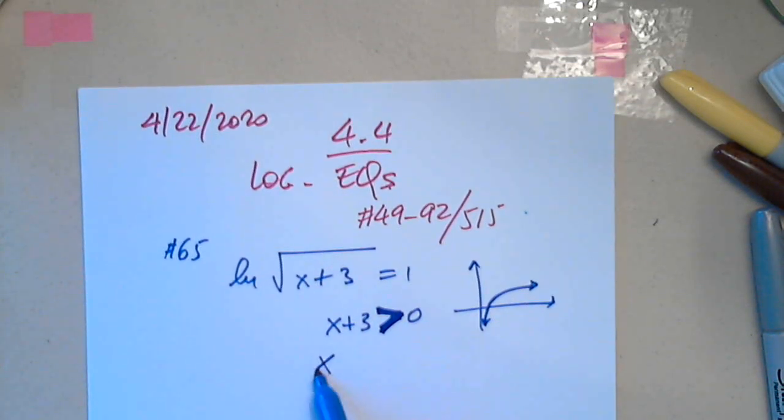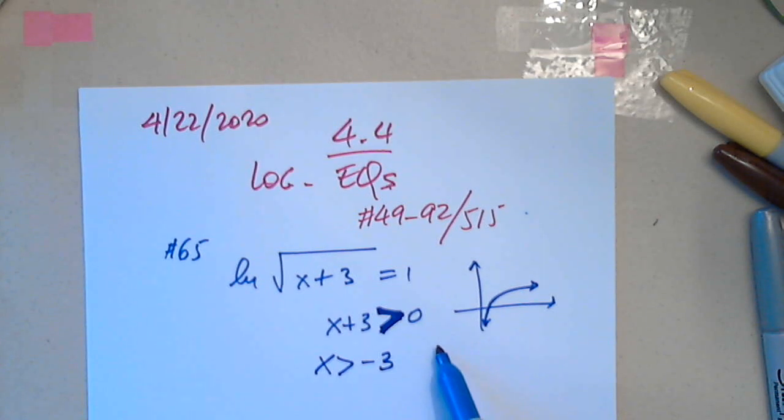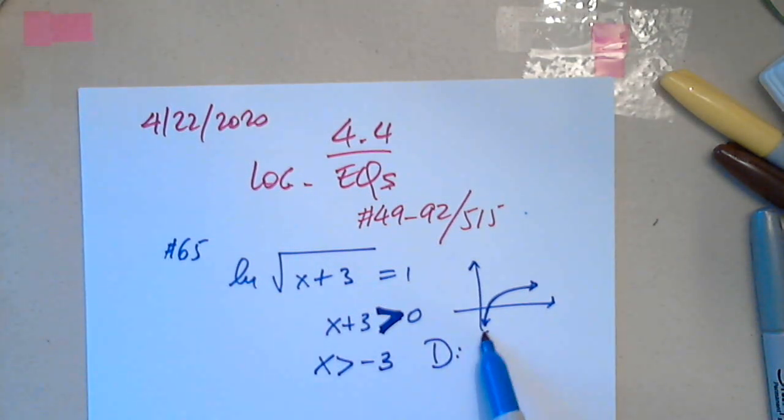Therefore the domain of this function is -3 to infinity. So I know now that I'm ready to solve it, and if I don't get solutions that are greater than -3, I will say, sorry, there are no solutions.